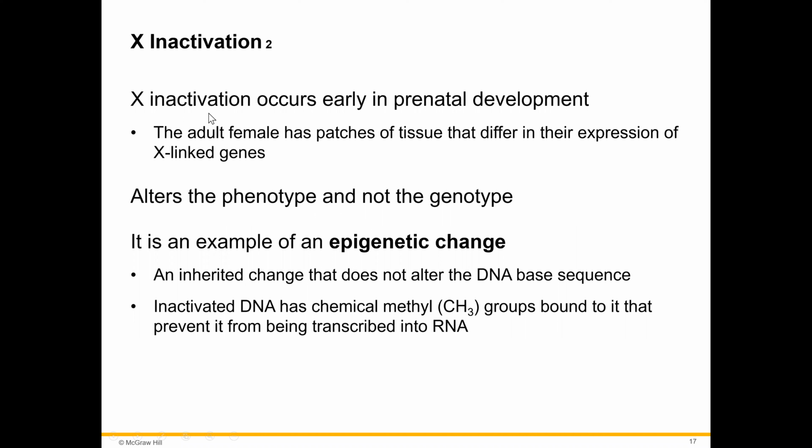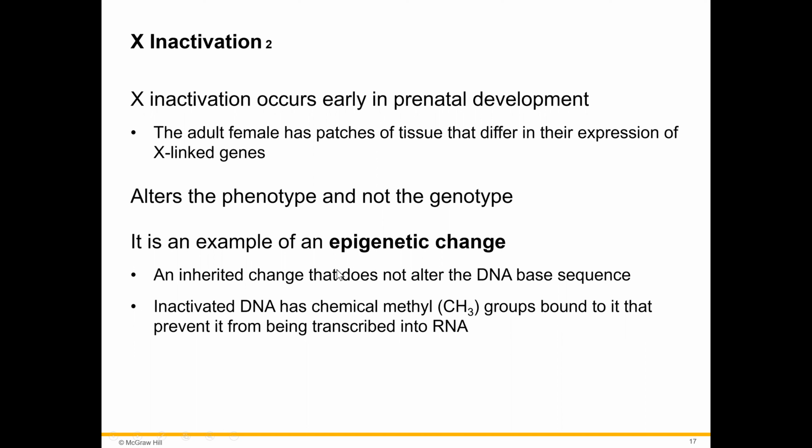X inactivation occurs early in prenatal development. The adult female has patches of tissue that differ in the expression of X-linked genes. It alters the phenotype and not the genotype. It is an example of epigenetic change, an inherited change that does not alter the DNA base sequence.